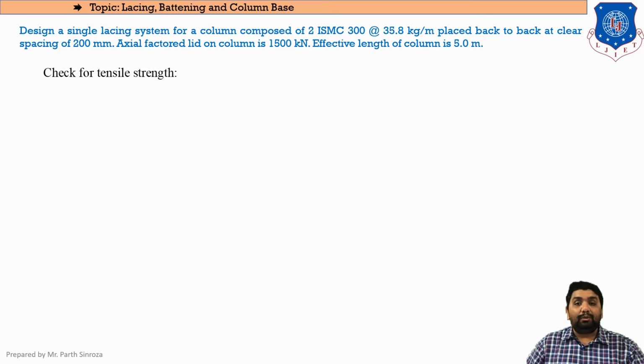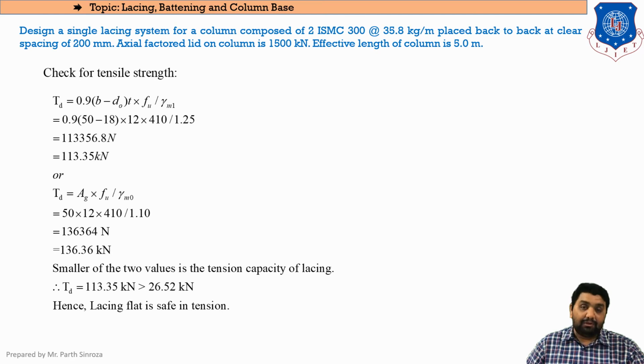So now we will be moving towards the check for tensile strength. To check for tensile strength, we always opt for two values, that is TDN and TDG. Here block shear won't be applicable. For TDN, we always knew the equation from page number 33 was 0.9 AN Fu upon gamma m.